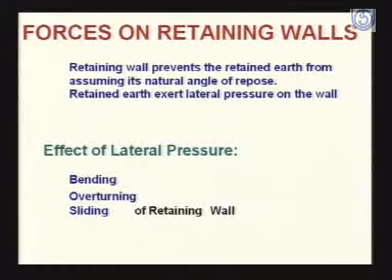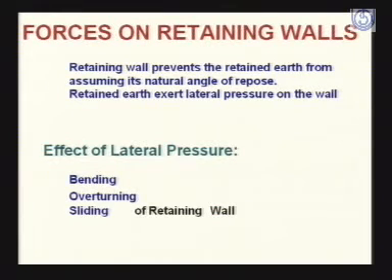And what will happen is that this material will exert a lateral pressure on the wall. Now, what is the effect of this lateral pressure? This lateral pressure will try to bend the retaining wall, and it will also try to overturn it, or it will also try to slide.